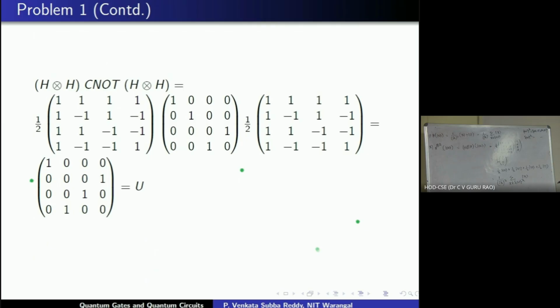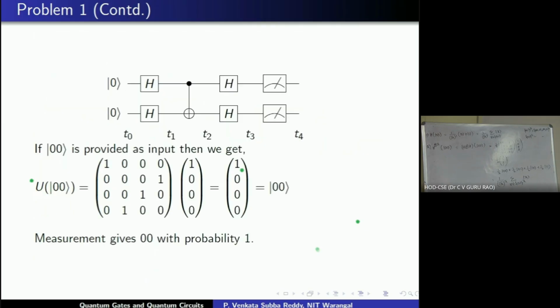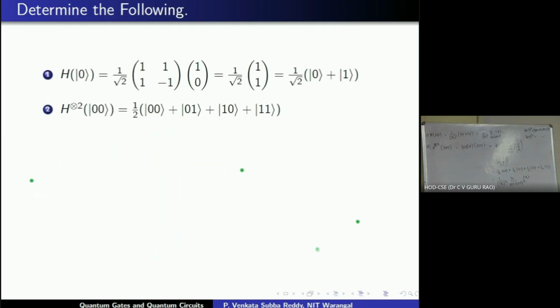Can you guess what is the answer for this? 1 by root 2 whole cube ket x. So that means all possible 3-qubit states, it puts in equal superposition. Are you okay?